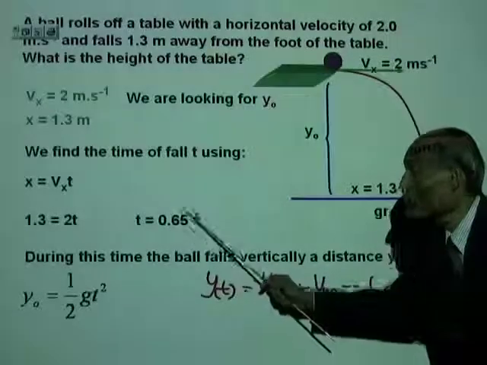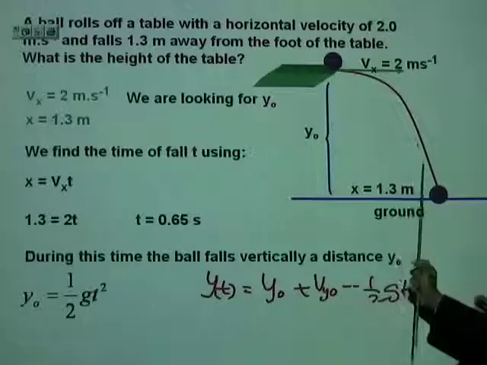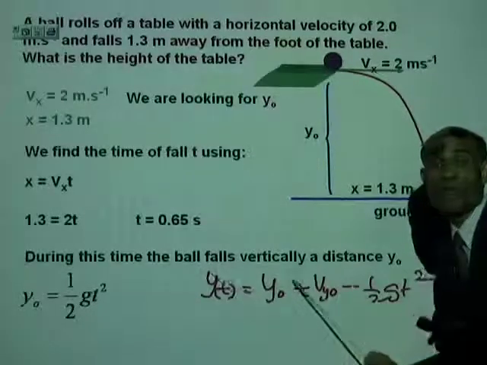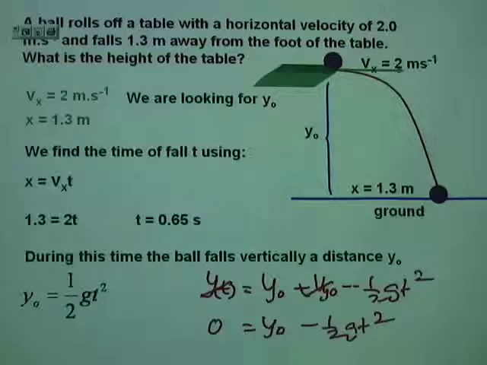During this time, 0.65 seconds, the ball falls to the ground, then y will be 0. And of course the initial y velocity is 0. So I could write 0 equal to y0 minus 1/2 gt squared.